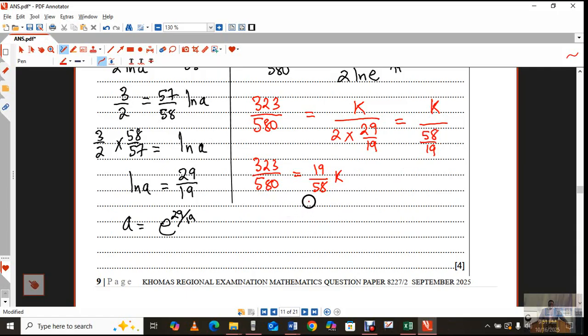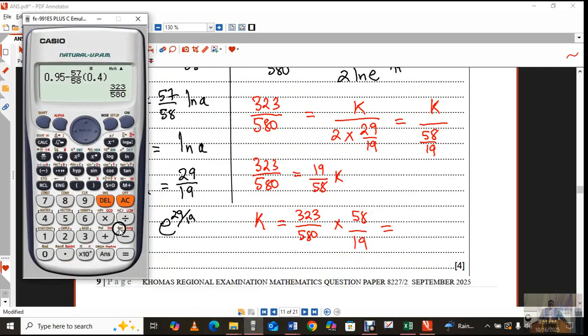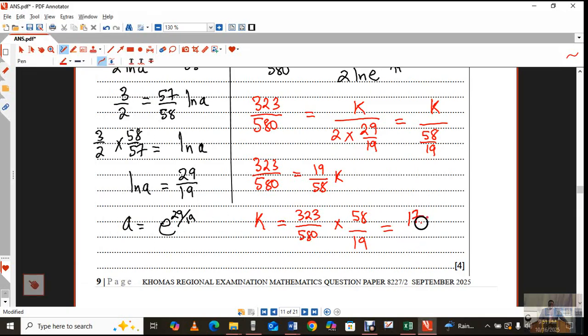Okay, so now I can find my k value, and k is going to be 323 over 580 multiplied by the inverse, 58 over 19. If you do so, what do we get? 17 over 10, which is 1.7.